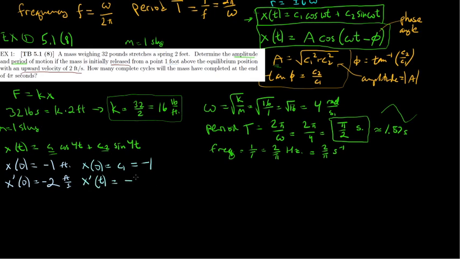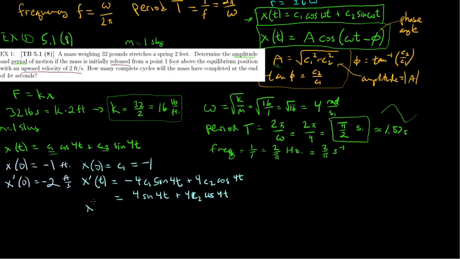The derivative is just going to be negative 4 C1 sine of 4t plus 4 times C2 times cosine of 4t, right? Oh, and we already know that C1 is negative 1, so this will be positive 4 times sine of 4t plus 4C2 cosine of 4t.